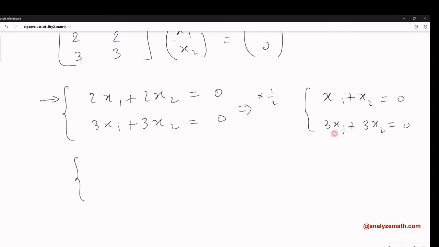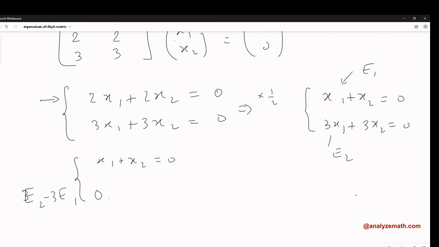We are trying to eliminate x1. So x1 plus x2 equal to 0, and here this is 3. Let's call this equation E1 and this equation E2. So this is E2 minus 3E1.